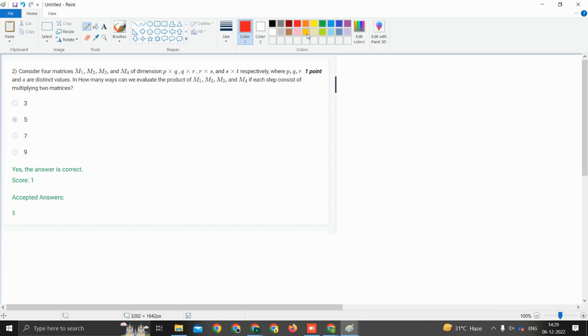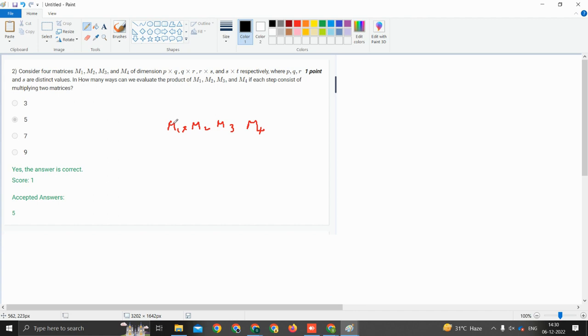They are asking for combinations, all combinations. Correct. Okay, tell me if she still did not understand. No, they are asking for all combinations: how we multiply these four matrices?